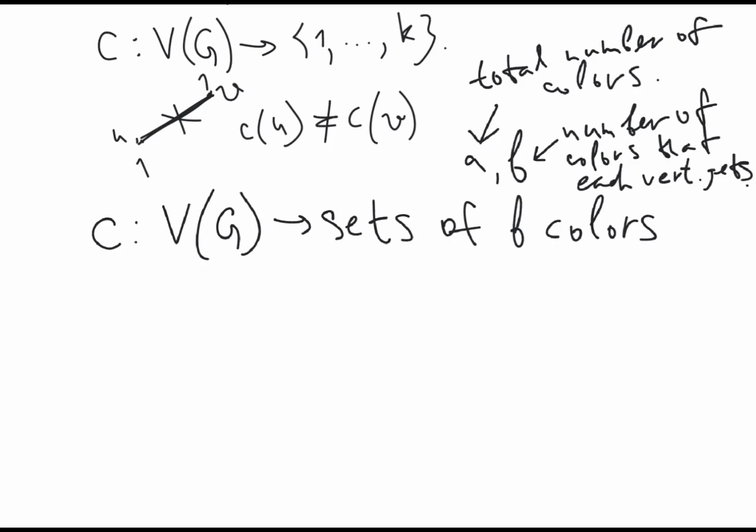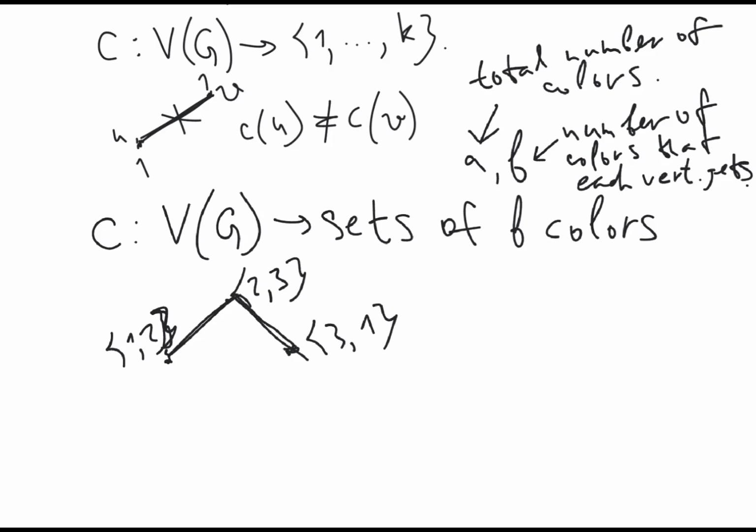Each vertex gets a set of colors, so b colors. Let's have an example. We have a graph, and let's say this vertex gets colors 1, 2. This vertex gets colors 2, 3. And this vertex gets colors 3, 1. This is not a valid coloring, because I didn't yet state the condition.